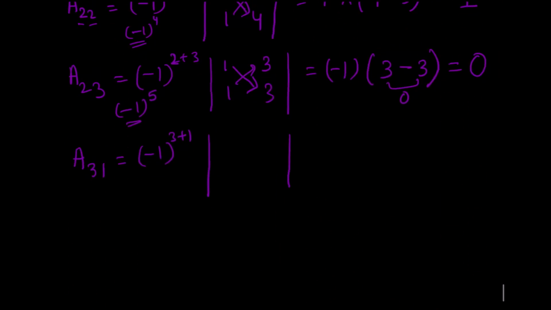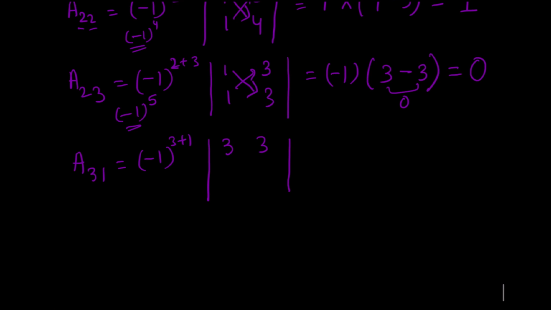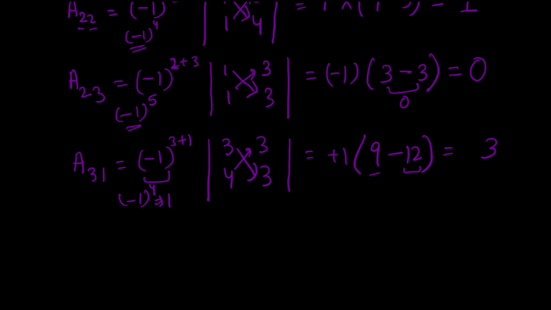So you write 3, 3, 4 and 3. This is minus 1 to the power 4, which is a pair, so this is plus 1, and then you multiply this. This becomes plus 1 times 9 minus 4 threes are 12. So you have to subtract 9 from 12. It's 3, and the bigger number 12 is negative, so it's minus 3.